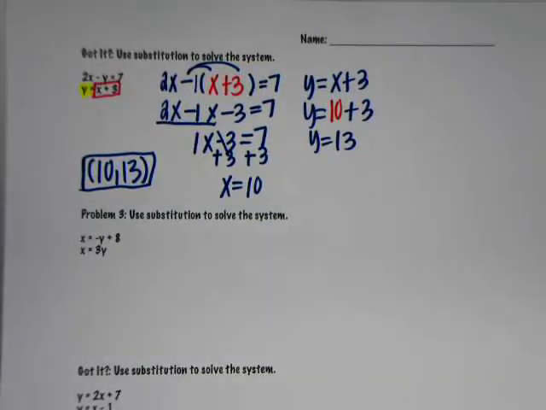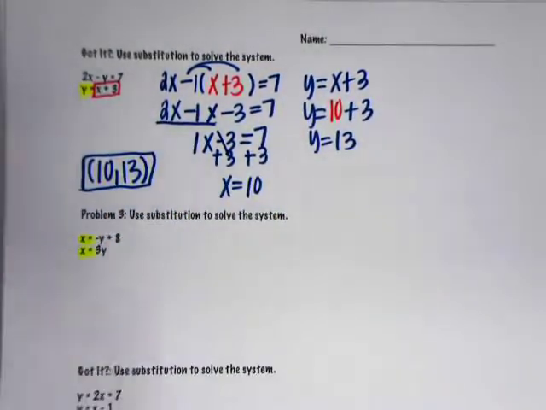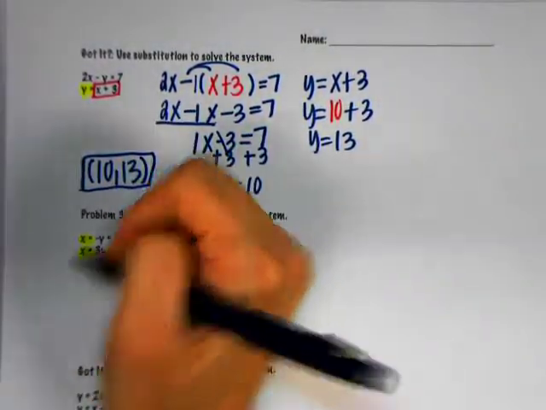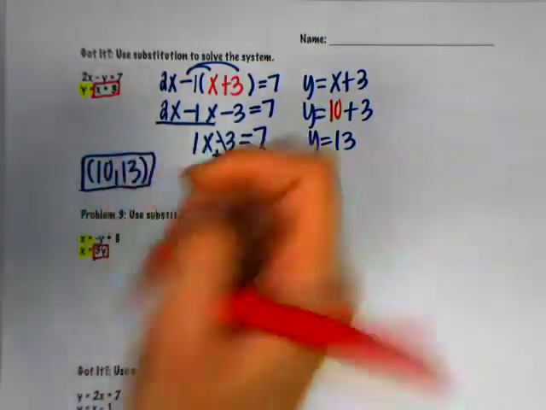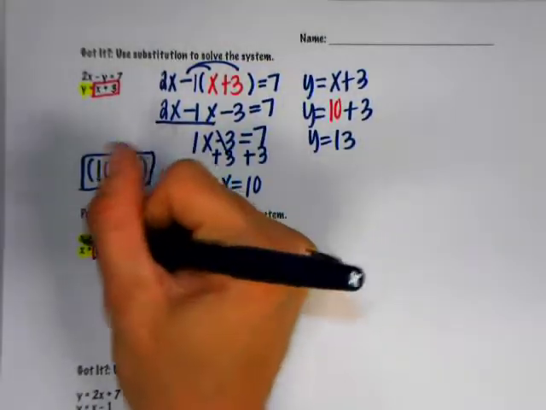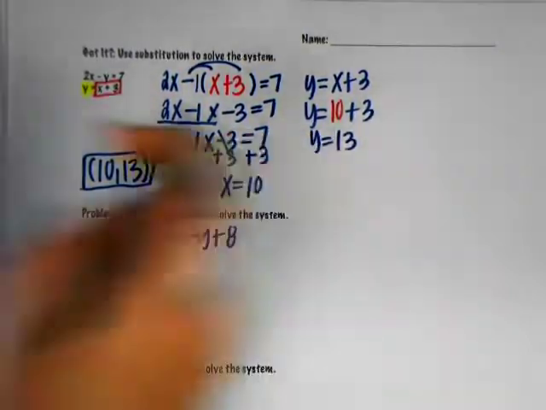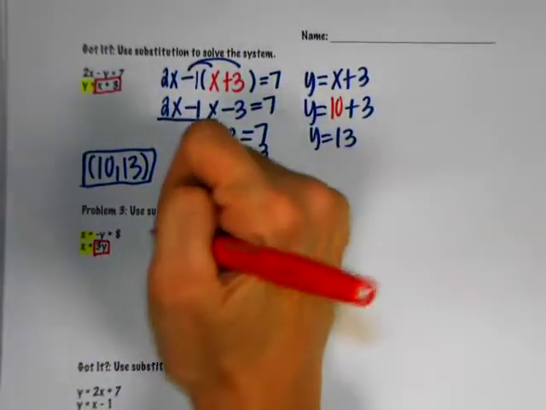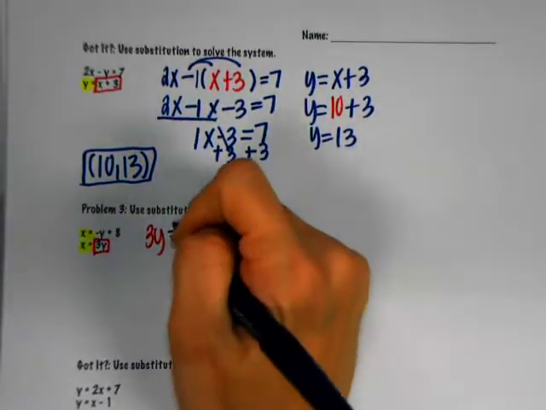Okay. Next one, both of them have an x equals. So you're just going to pick one. I'm going to pick this one right here, the bottom one, the 3y. So that means in the top one, for x, I'm just going to put that. So in place of the x now, we're going to put 3y. And then solve.